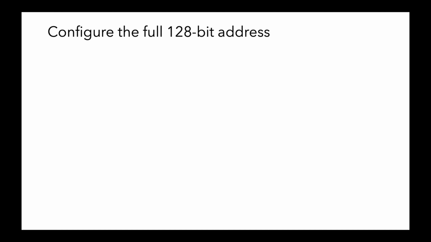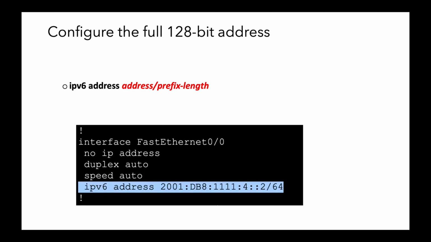To statically configure the full 128-bit unicast address, either global unicast or unique local, the router needs an ipv6 address address/prefix-length interface subcommand on each interface. Let's take a basic example. The figure shows the global unicast IPv6 address manually configured under interface Fa0/0 with a /64 prefix length.